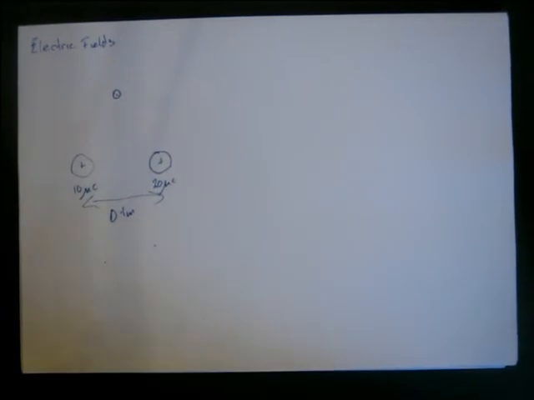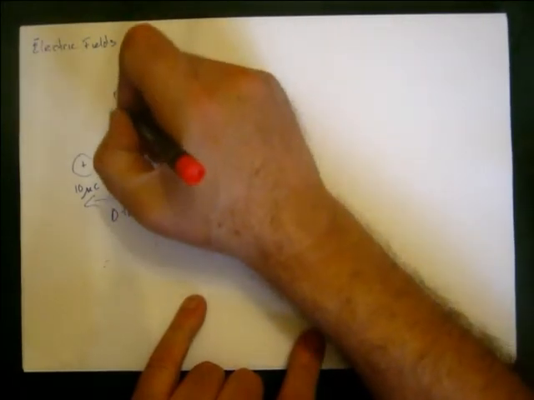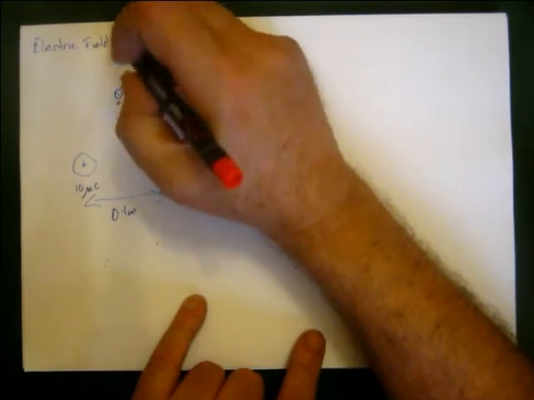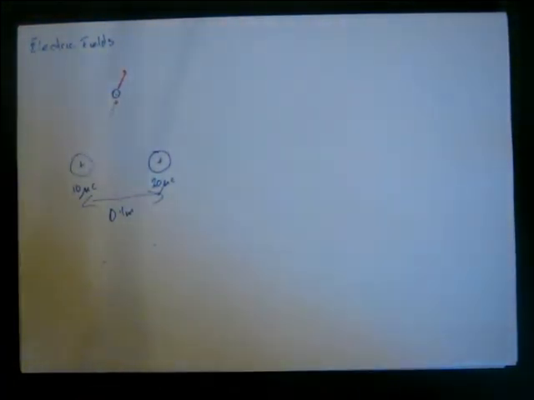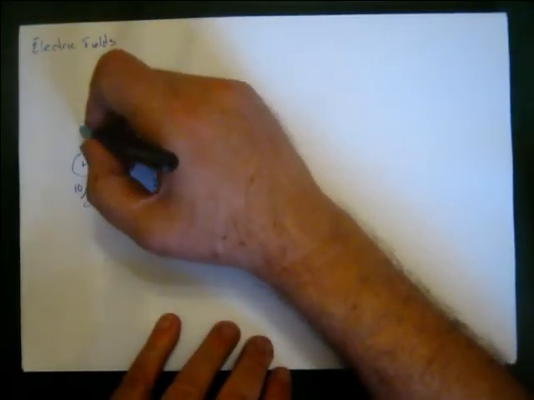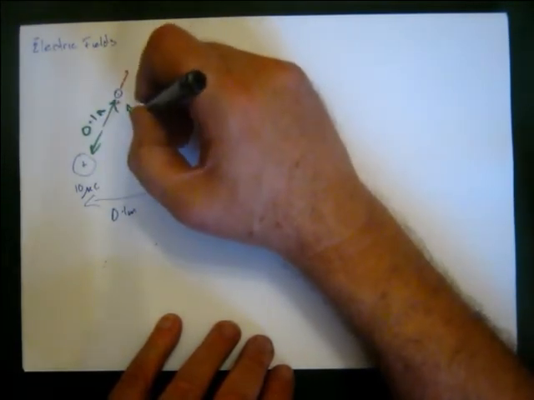You'll notice that if this is positive, these two will repel. And I'm going to make these exactly the same distance, so let's make that distance 0.1 meter as well.